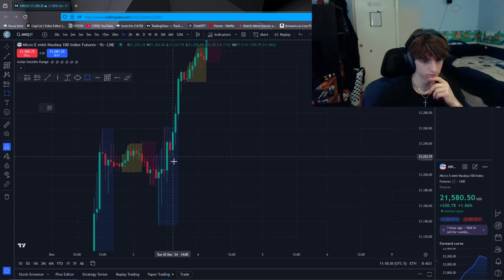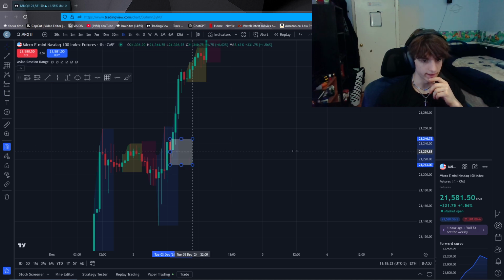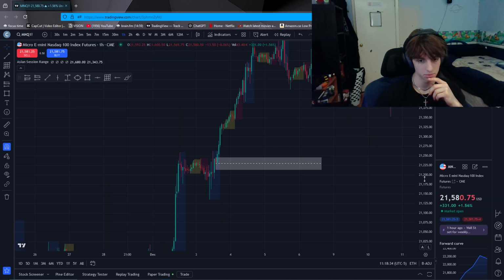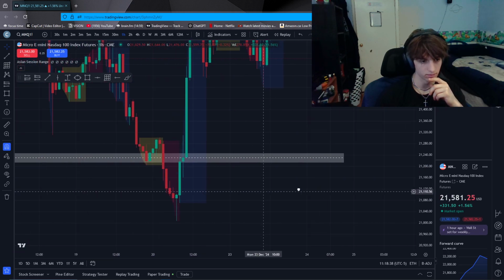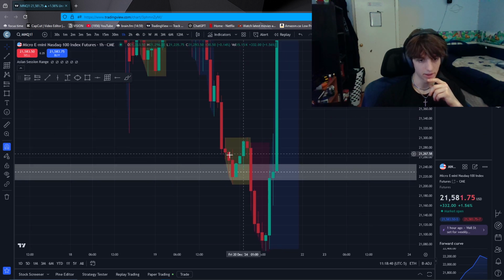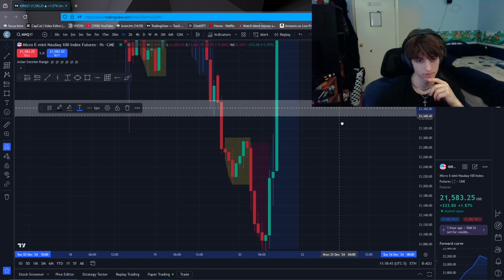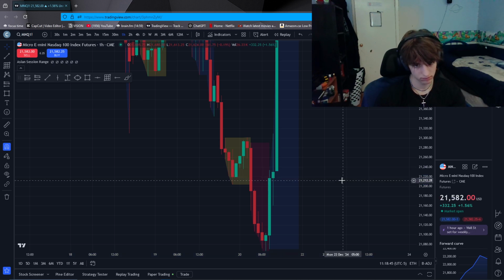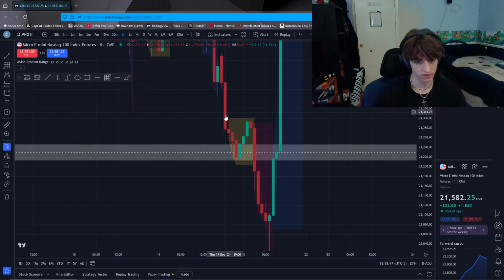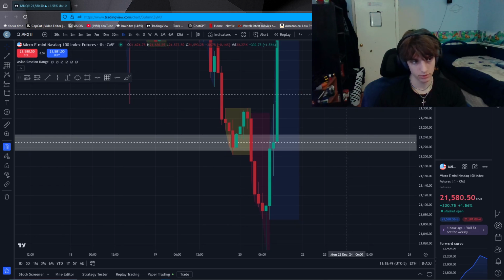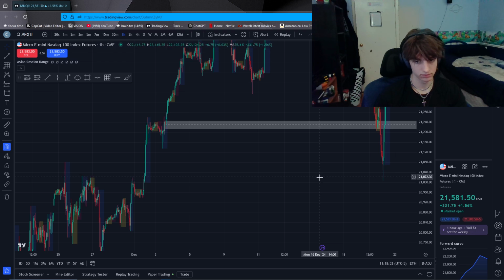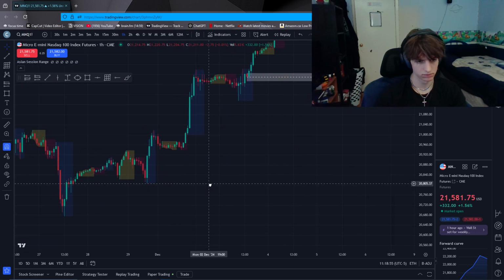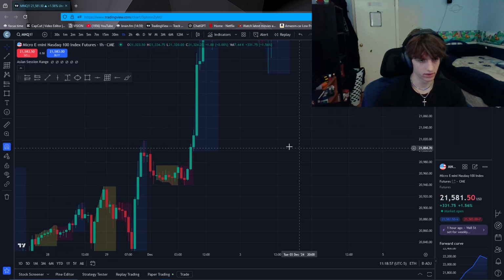Right here. Small leg down for big move up. Did we retrace to this? Yep. The second we tapped into it, we got another move up. Second we tapped into it, we got another little leg up. Do we tap into another one that's down here? No, but there is another one right here.